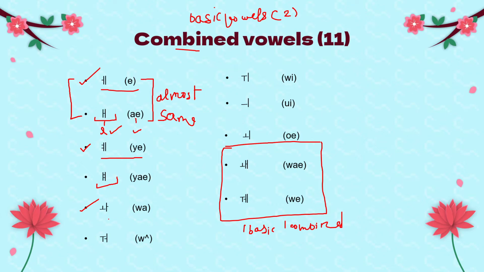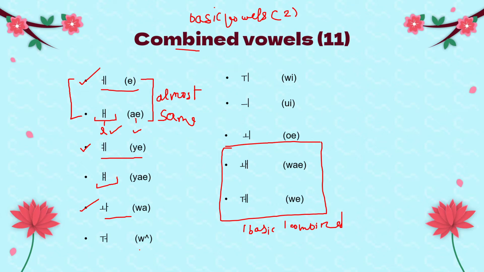This has the sound wa, and it is composed of O and A. O plus A makes wa. But do not waste time thinking that this is O and this is A, O plus A is wa.